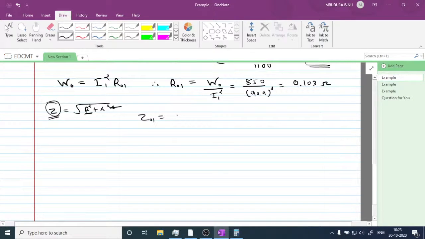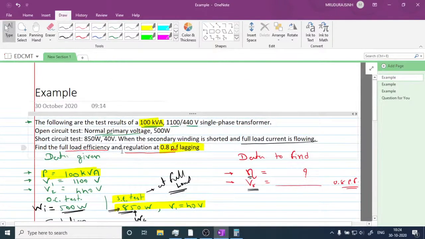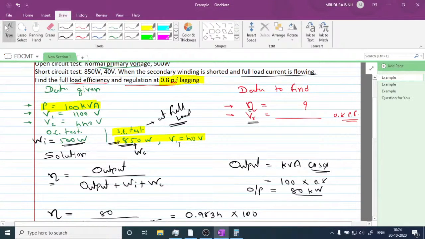Z01 is ultimately the impedance, and impedance is volt by current. So it is VSC, the short circuit voltage, divided by the current at short circuit time. The short circuit voltage given to us is 40 volt.